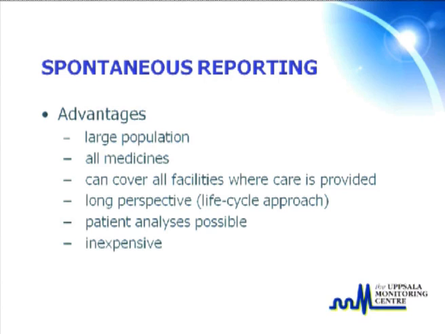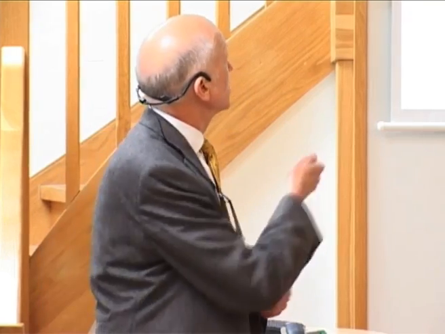In order to find the rare adverse reactions, we have to expose a large number of people, big populations. And that's what we are doing in spontaneous reporting, because we are basically collecting information from the whole population. So if we have a high reporting rate, we have a good means of getting information from the whole population. And if we are talking about India, then that means 1.2 billion people.